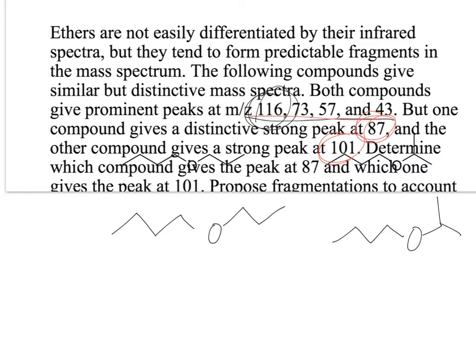The left half of the structure is the same. So if you lose the 3-carbon radical, it gives a stabilized carbocation with a mass of 73. So 1, 2, 3, 4, 1, 2, 3, 4. So if you lose this mass, 1, 2, 3.